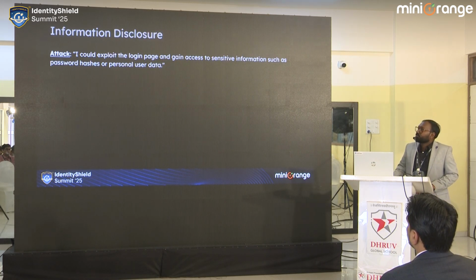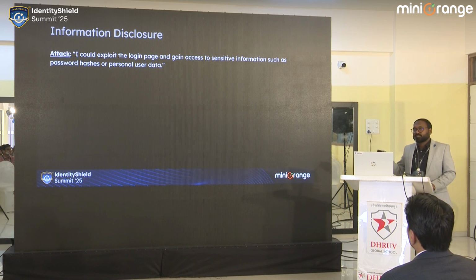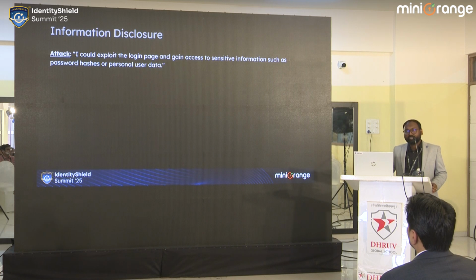Next is information disclosure. I could exploit the login page and gain access to sensitive information such as password hashes or personal user data. So like I said, you can get to some area, some page, and you are able to get certain information that you should not have, right? So that's information disclosure.